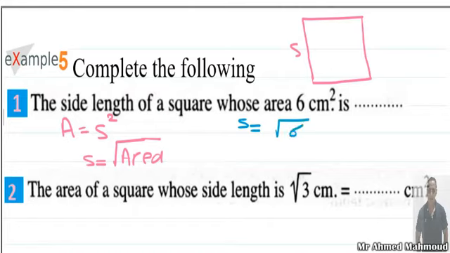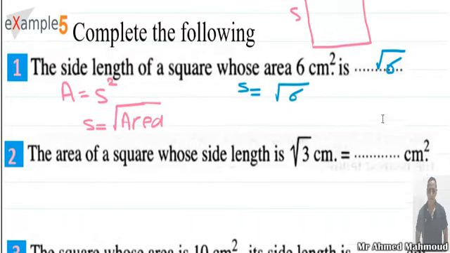Square root 6 has no simpler form, so the side equals the square root of 6. Don't write it as a decimal, because we already studied irrational numbers, which are in root form. We are going to leave root 6 without change, as I explained here.